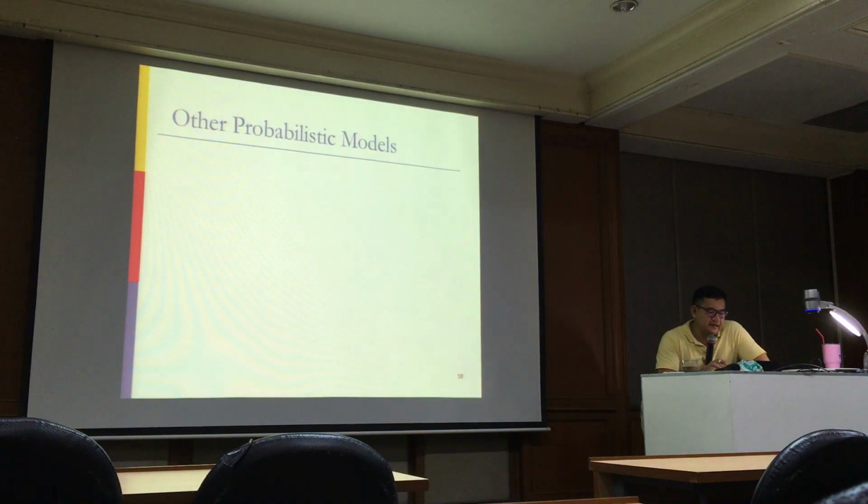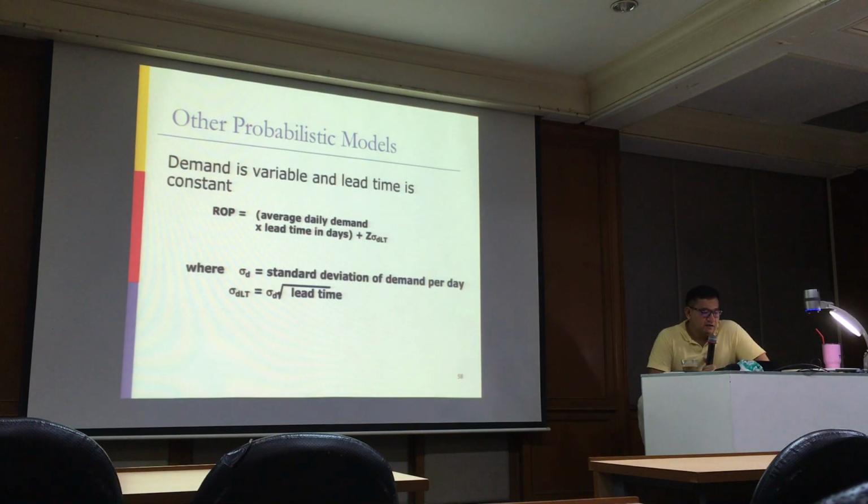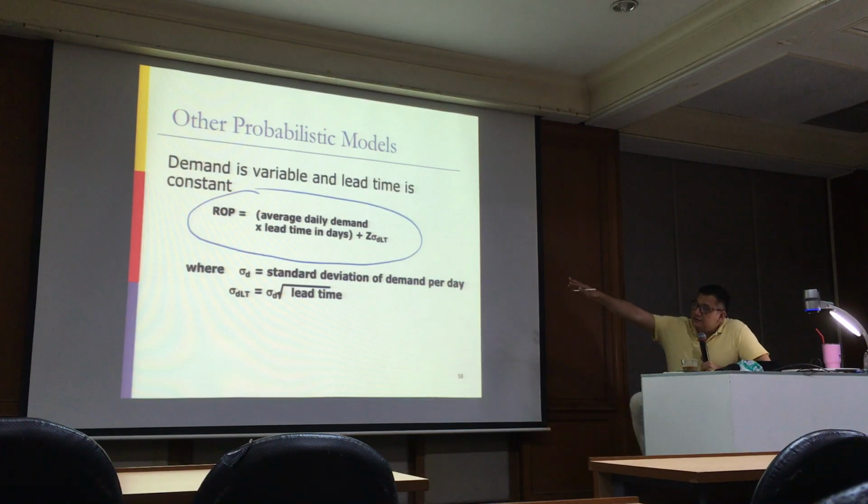Look at the first case. If the demand varies and the lead time is constant, the reorder point is equal to average daily demand multiplied by lead time, plus the second term. Don't worry much, it comes from the same concept.